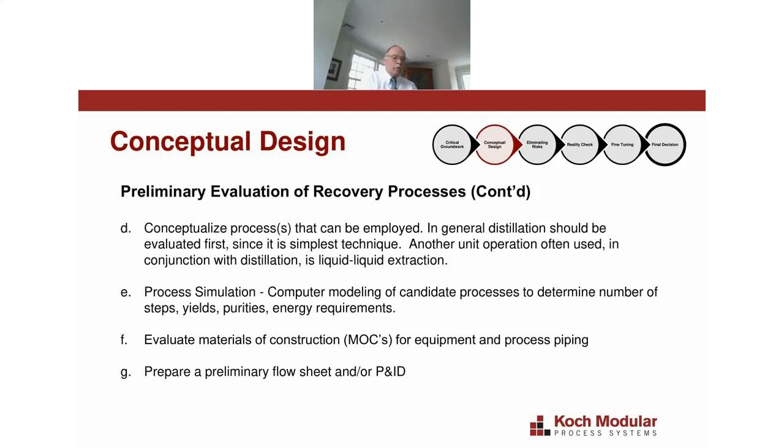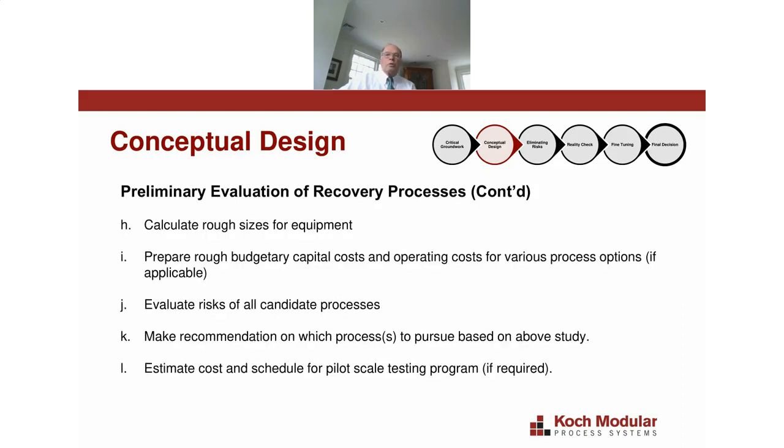We'll also evaluate the materials of construction for the equipment and the process piping in our process. And then we typically prepare a preliminary flow sheet or a P&ID. All of this to be used in cost estimating.